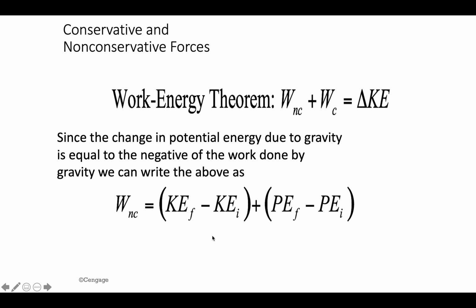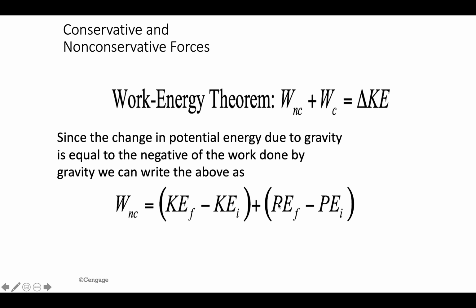Okay. So for example, if I'm pushing something up an incline, I'm doing work, let's say I'm speeding it up as I push it up the incline. Therefore, I'm increasing the kinetic energy, but not all the work is going to increasing the kinetic energy. Some is also going to increasing the potential energy.